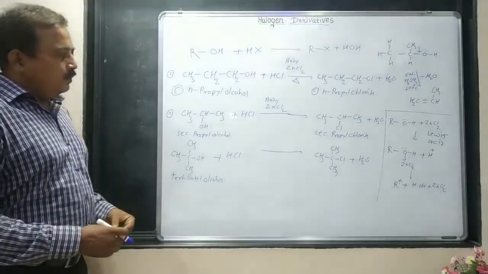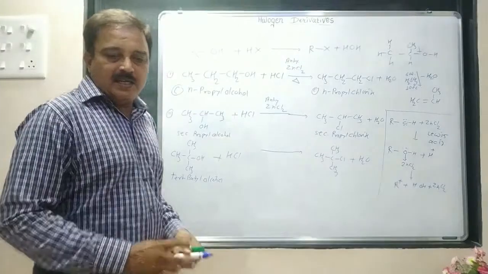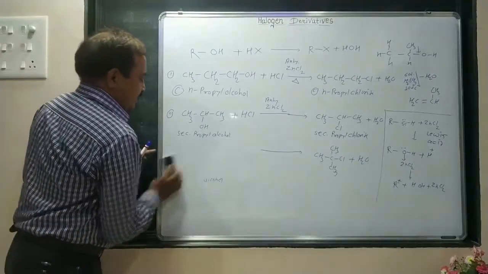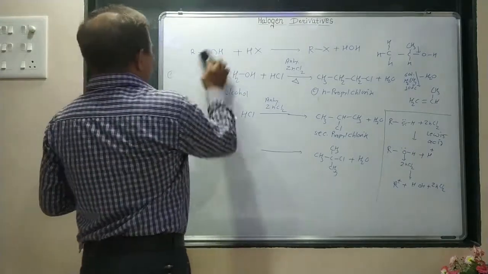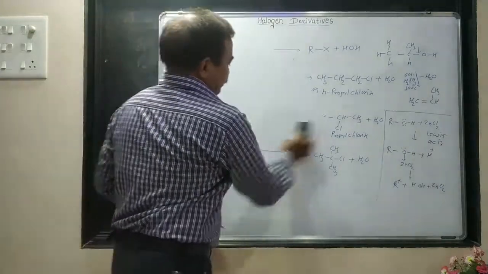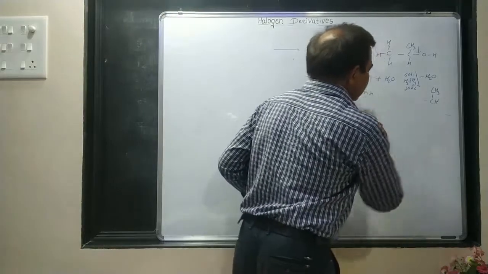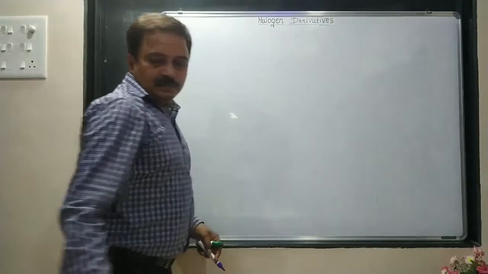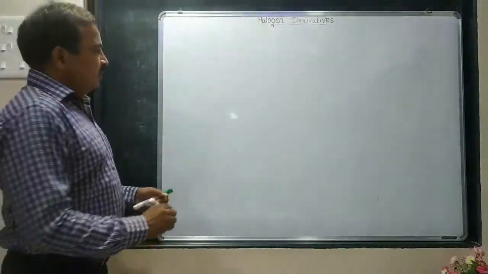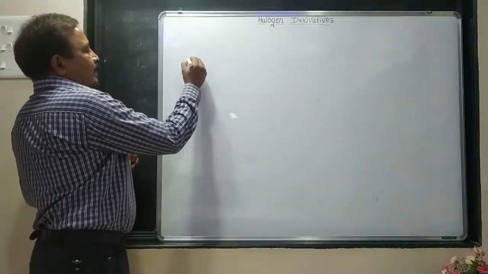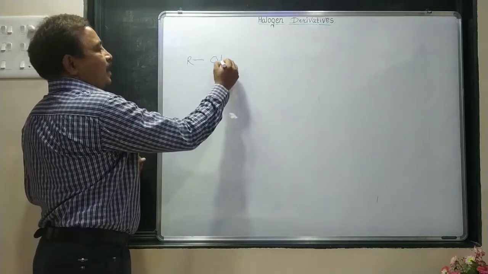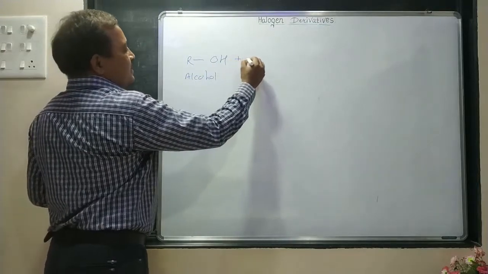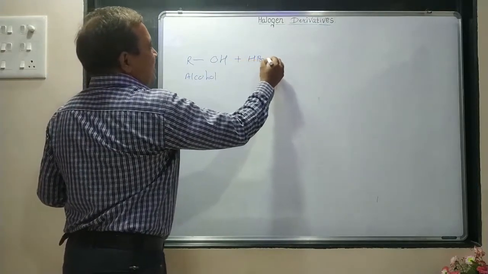Therefore, ZnCl2 acts as a Lewis acid in this reaction. Now the next reaction we will try to understand is the preparation of alkyl bromides from alcohol. Again, I will take a general reaction: ROH, alcohol, plus HBr.